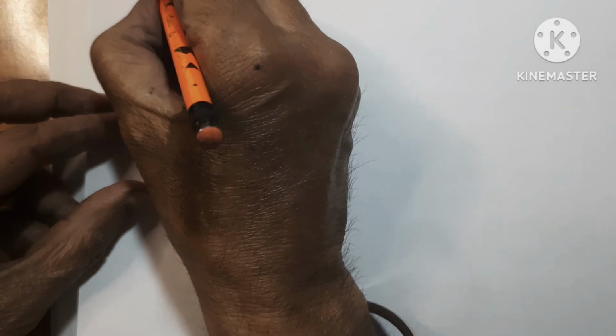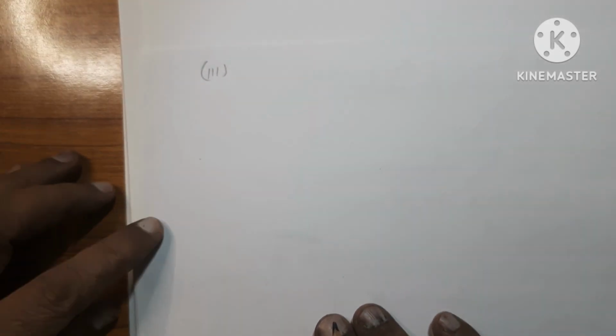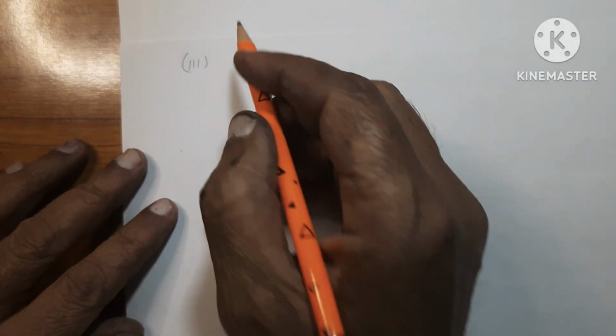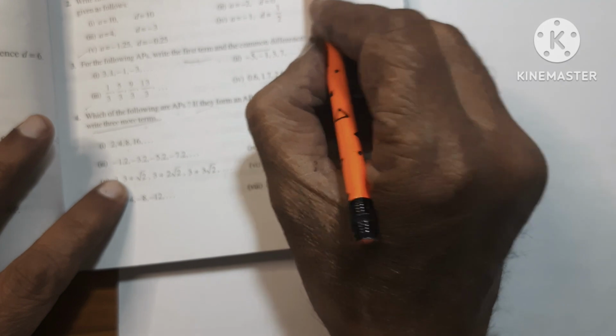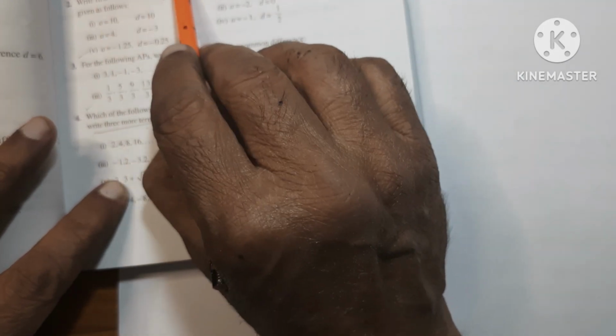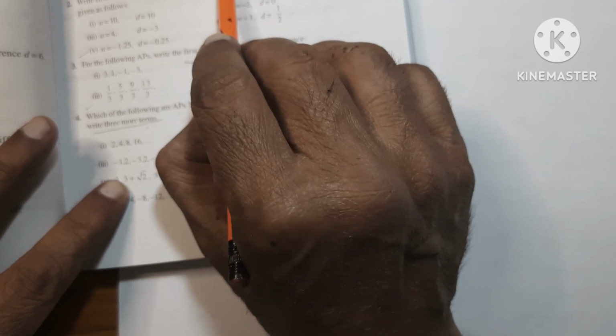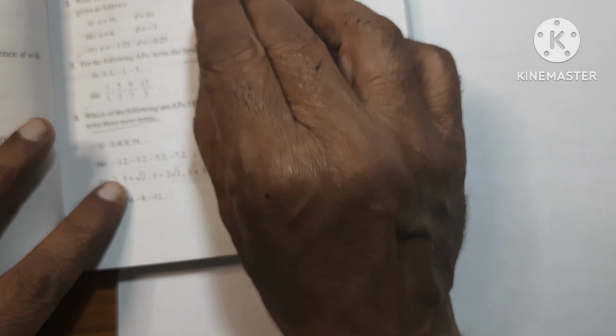Third part is the cost of digging a well after every meter of digging, when it costs 150 rupees for the first meter and rises by rupees 50 for each subsequent meter. So it is the same as part 1. Let us do it.